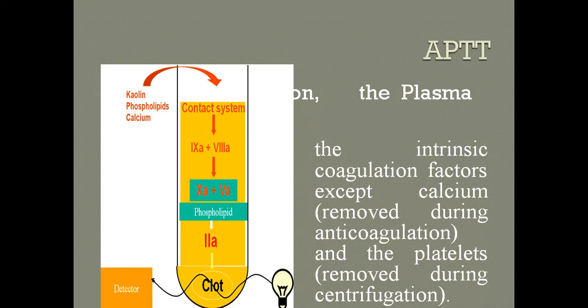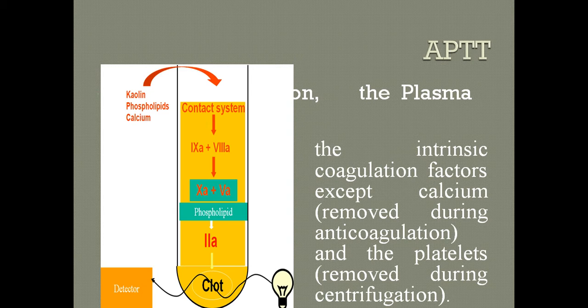Now, in this test you will add calcium, phospholipid and calcium to the plasma, and then you will observe the clot formation in your test tube. First of all, you will mix equal volumes of the phospholipid and calcium reagent.